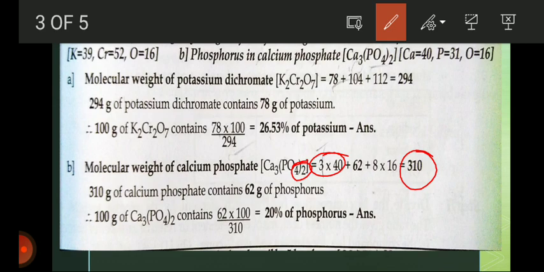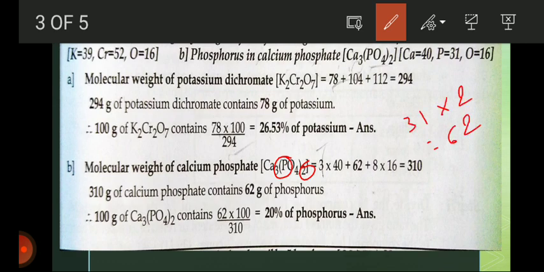So now we have to find out, of this 310 gram of calcium phosphate, how much percentage of phosphorus is present. Again, the same formula you will apply. So how much phosphorus is present? Let us see. Phosphorus is P2, that means 31 into 2, that is 62. See, here it's written 62.